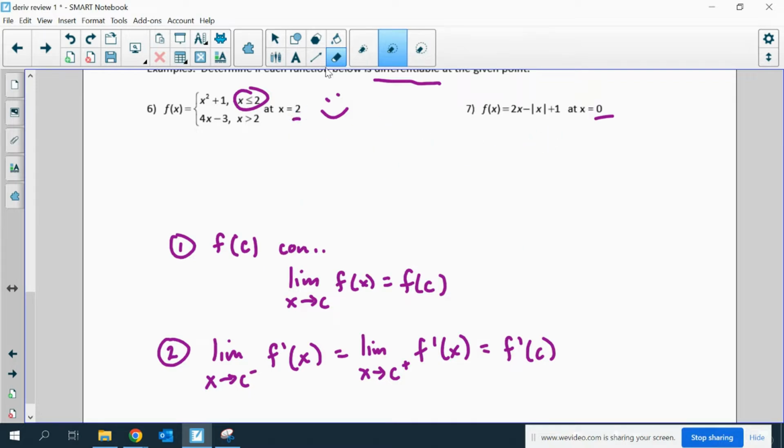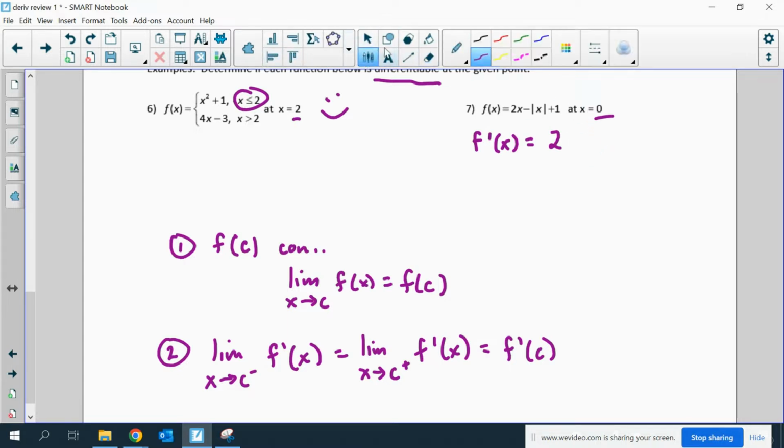Now we're going to look at number 7. If I take the derivative, it's 2 minus x, kind of. We have to understand what absolute value means. Absolute value is actually a piecewise function where when x is greater than or equal to 0, you get x, but when x is less than 0, you get negative x.